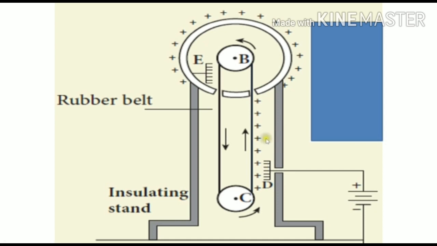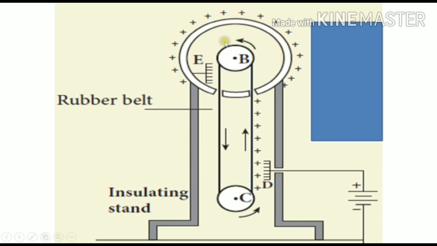Now, the positive charge reaches the comb E. Because of the rotation of the belt, it moves upwards and reaches the comb E. Due to electrostatic induction, comb E gets negative charge and the sphere gets positive charge. The positive charges are distributed uniformly on the outer surface of the hollow sphere.